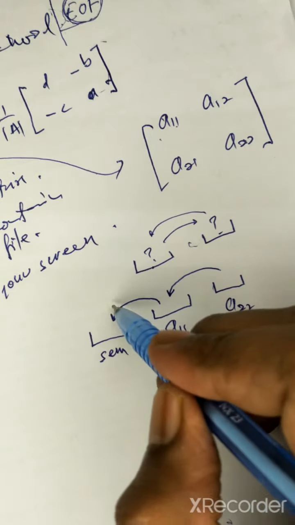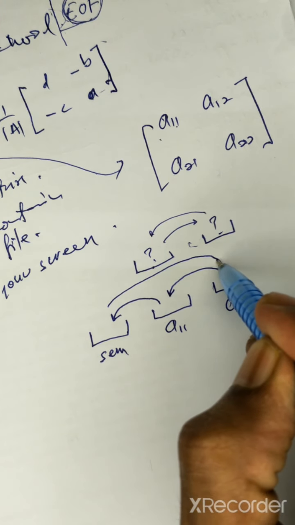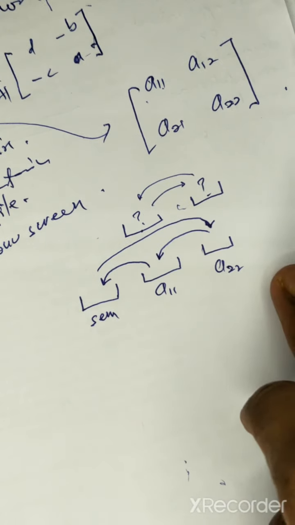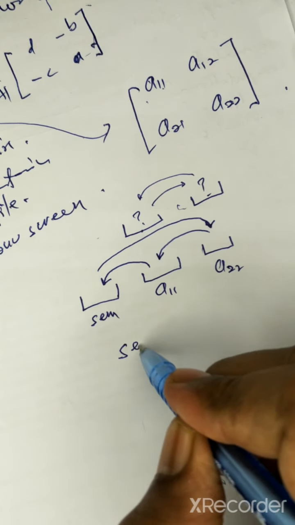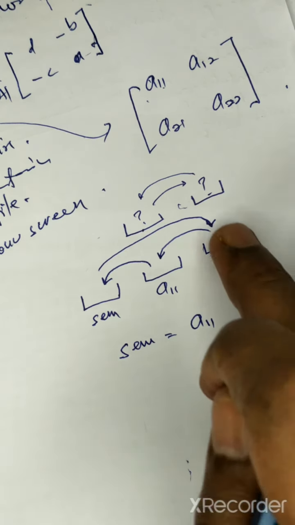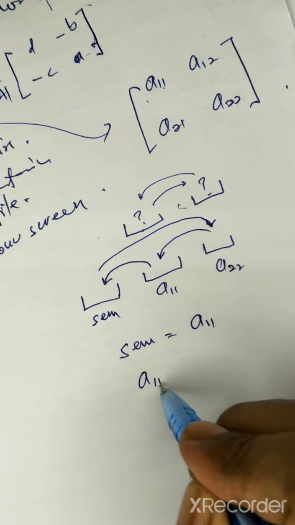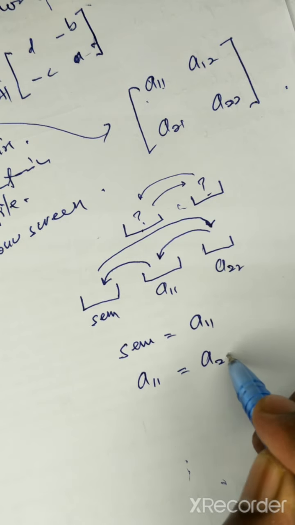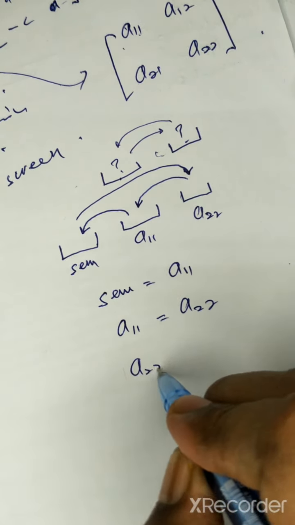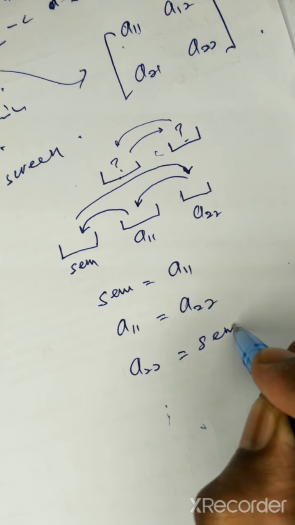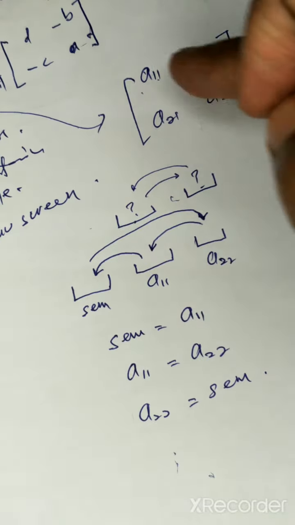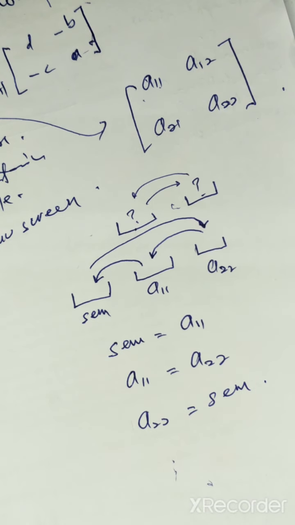Then this SAM we put there. Then the values change. So in programming, SAM equals A11, then A11 equals A22, and then A22 equals SAM. Now by doing this, you can interchange those things.